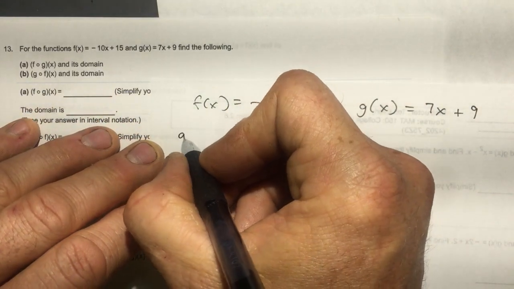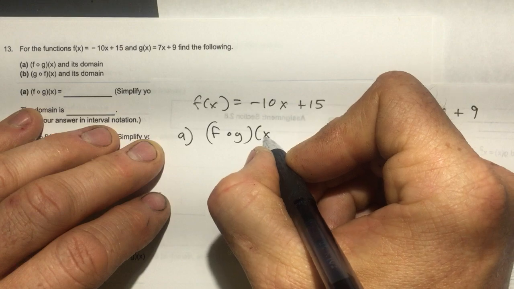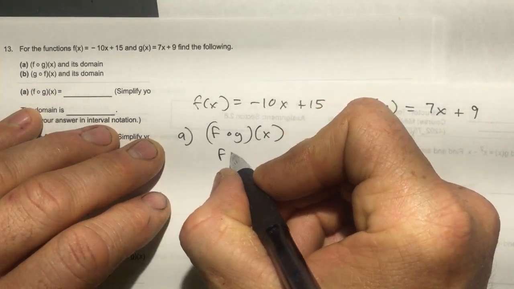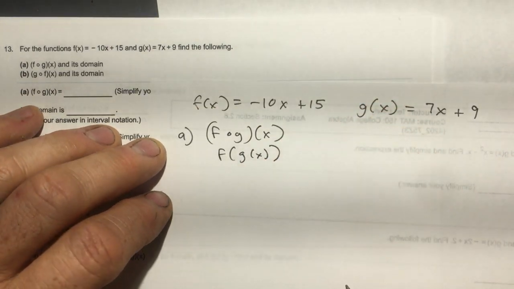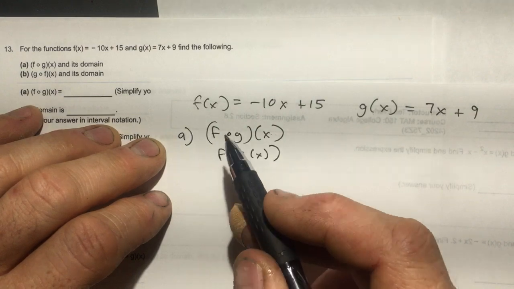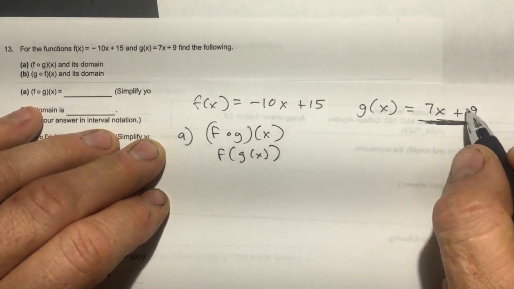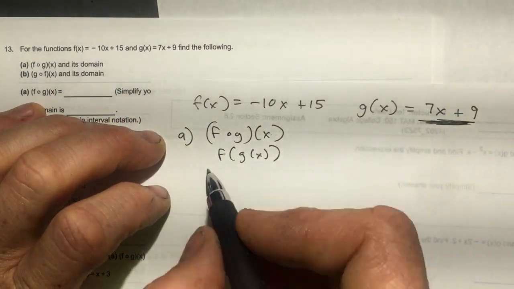All right, for part A, we want to find f of g of x. I've got to find g of x and put it in f of x. Well, g of x is just this right here. So I'm going to take this and put it in the f function, which looks like this one.